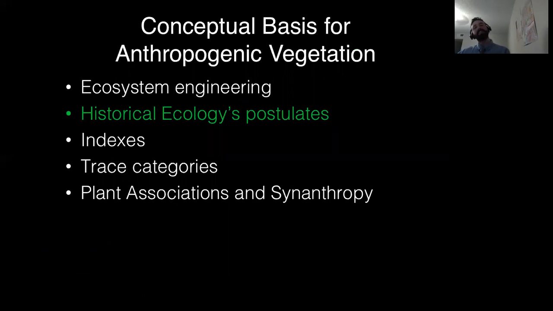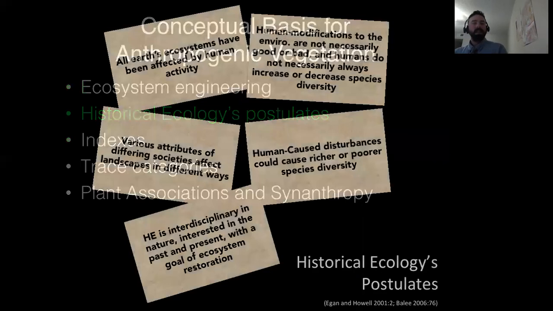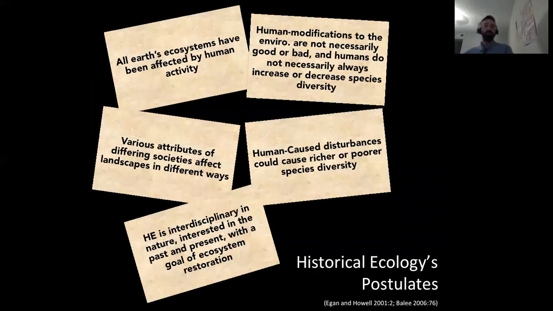And we take that idea and I further flesh it out with this research program called Historical Ecology. And I use some of their postulates, mainly seizing on the idea that all the Earth's ecosystems have been affected, particularly by human activity. And that these effects, or these modifications to the environment, are not necessarily good or bad.